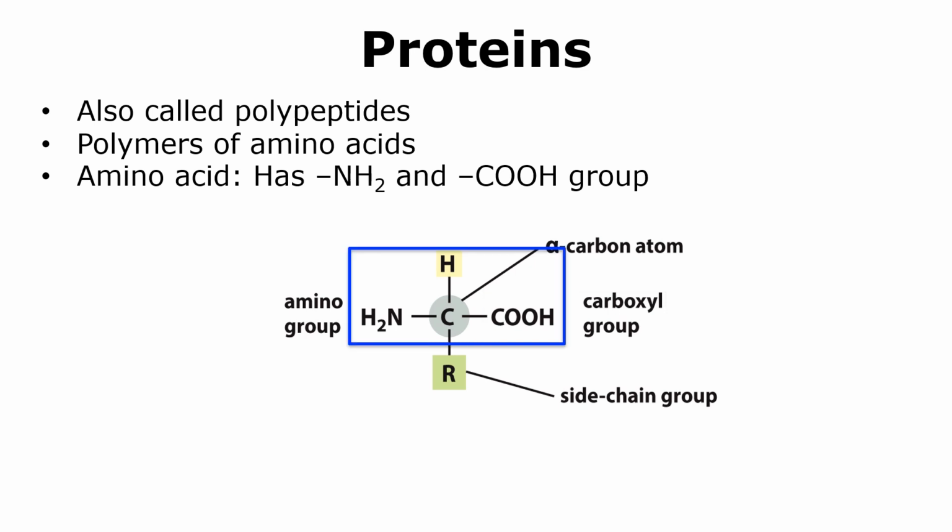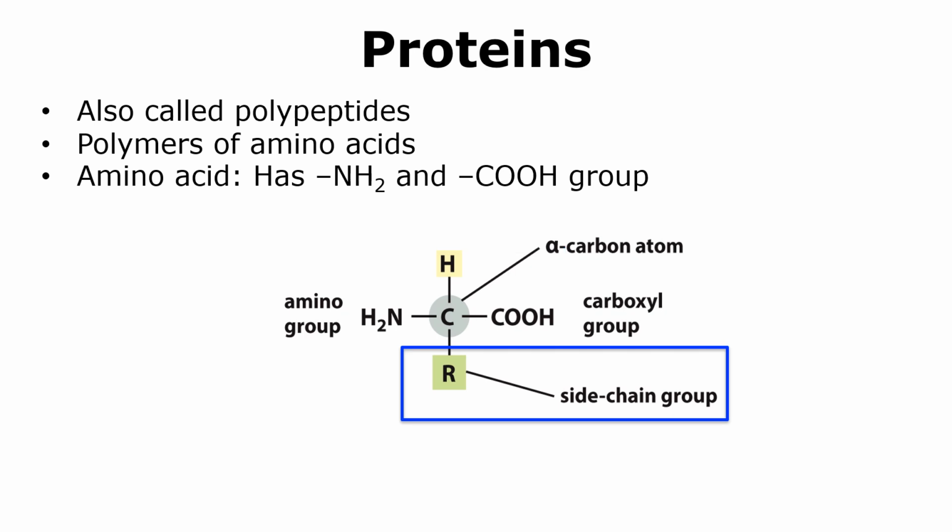In addition to these groups, we can see that they also have a hydrogen that is attached to the alpha carbon. And hence when we look at the box, the arrangement of atoms that we see in the amino acid, this specific set is going to remain constant in the different amino acids that are found in the body.